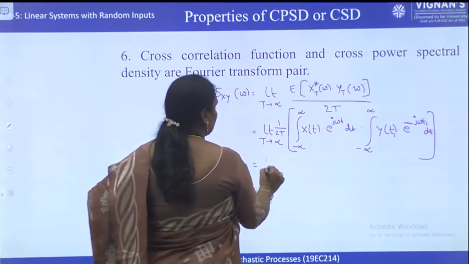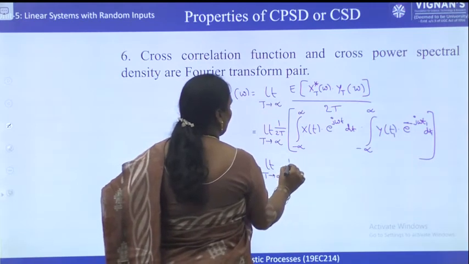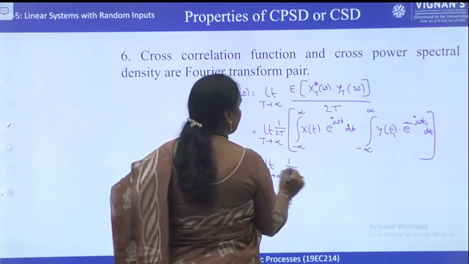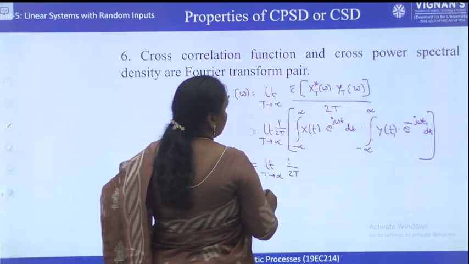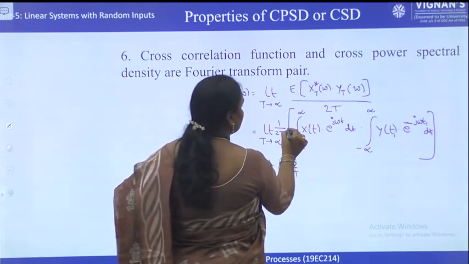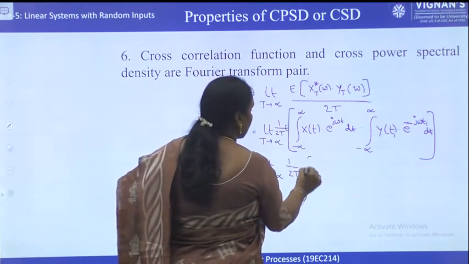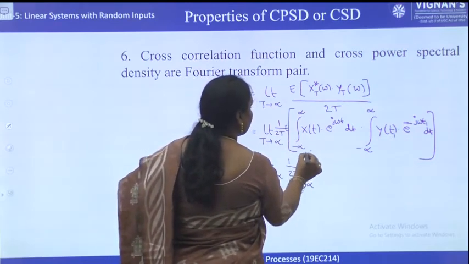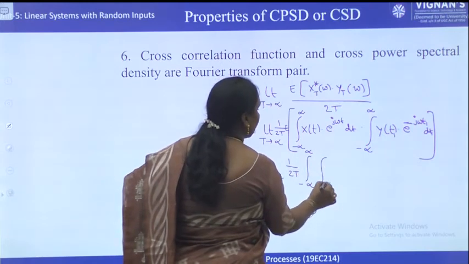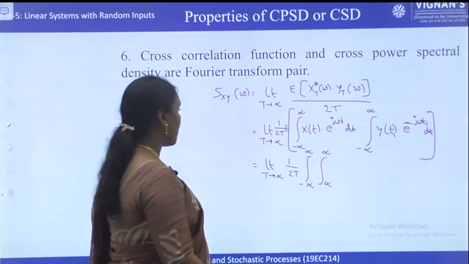So this is equal to limit T tends to infinity 1 by 2T, expectation of integral minus infinity to infinity, integral minus infinity to infinity, because integration is a linear operator, so we can combine.